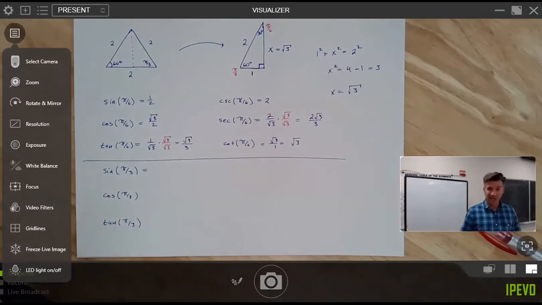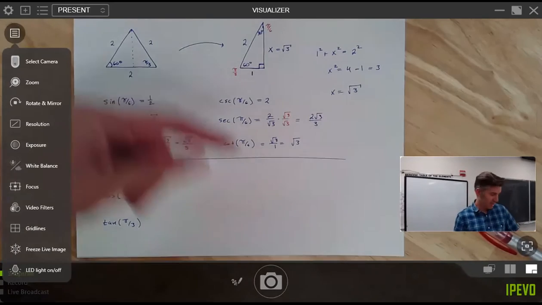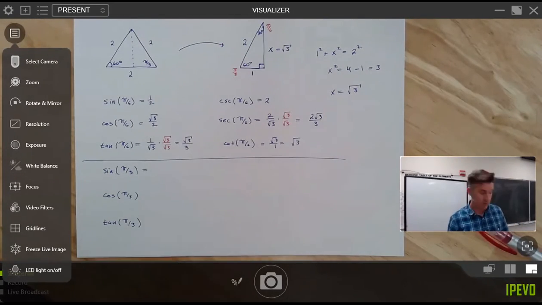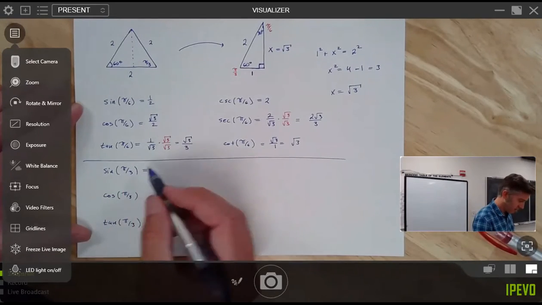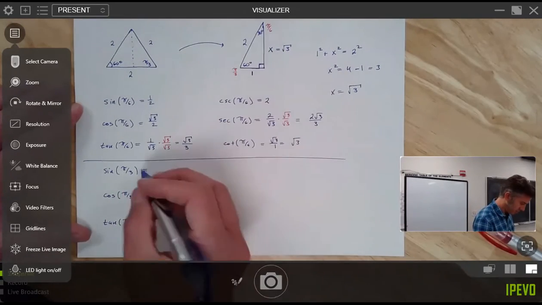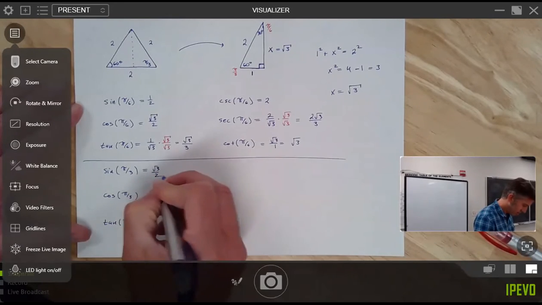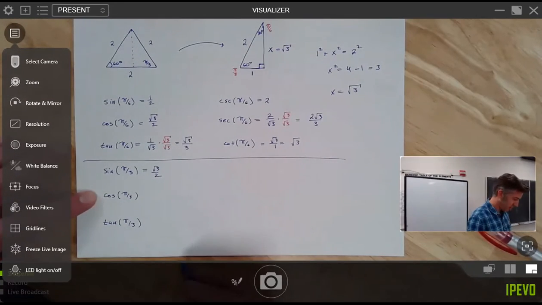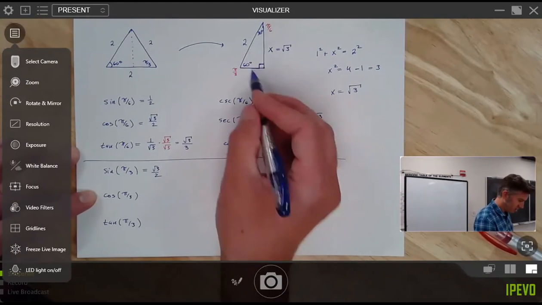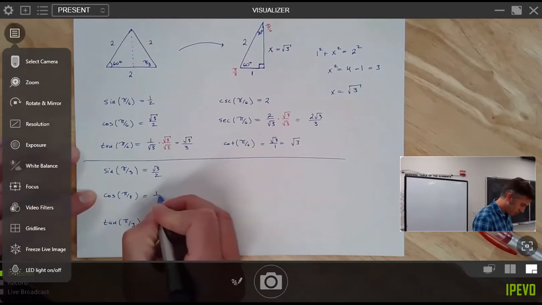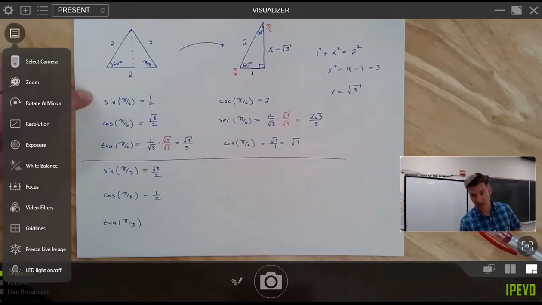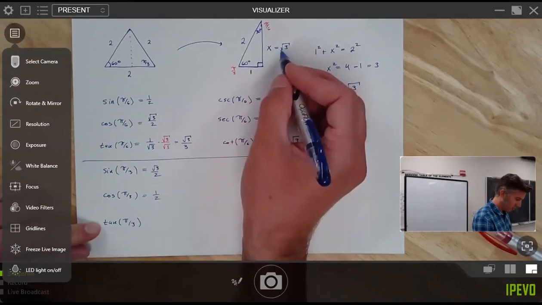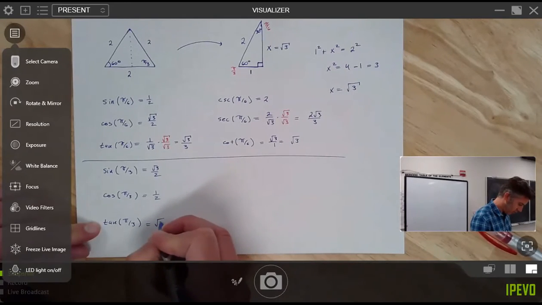You're going to see a lot of the same values here, because these angles are what we call complementary, and that happens a lot with complementary angles. So sine of pi over 3 is going to be the opposite over the hypotenuse, which is √3/2, the same as cosine of pi over 6. And cosine of pi over 3 is adjacent over hypotenuse, which is 1/2, the same as sine of pi over 6. And tangent of pi over 3 is √3/1, which is just √3.